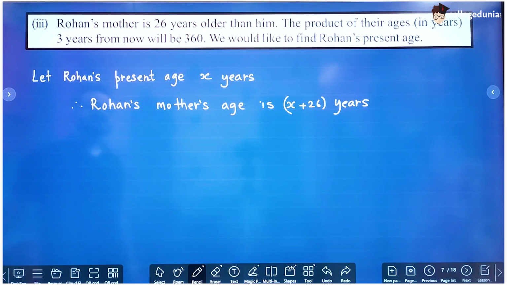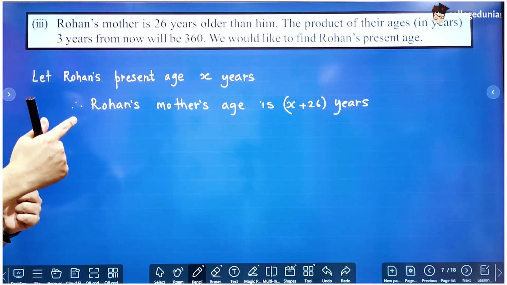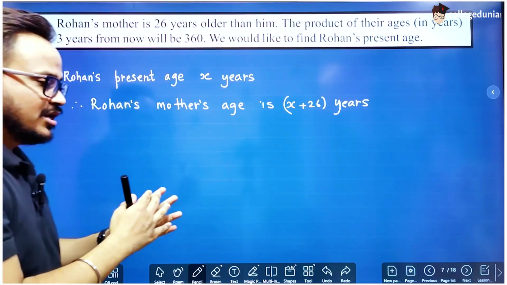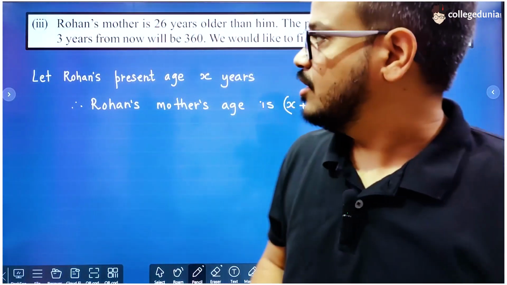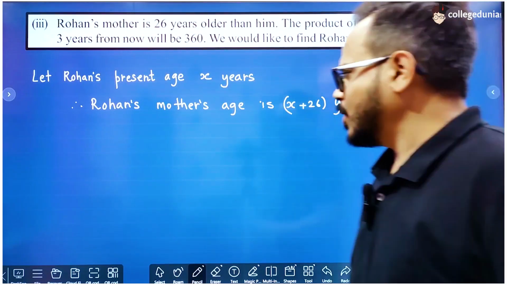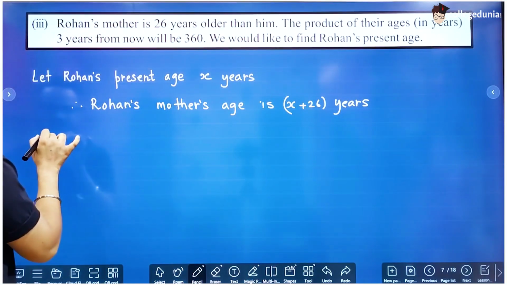The product of their ages 3 years from now. After 3 years, the product of the ages of Rohan and Rohan's mother is given as 360. So what will be their ages 3 years from now?